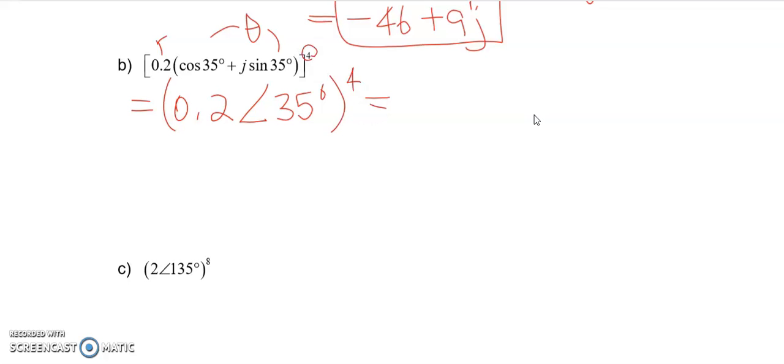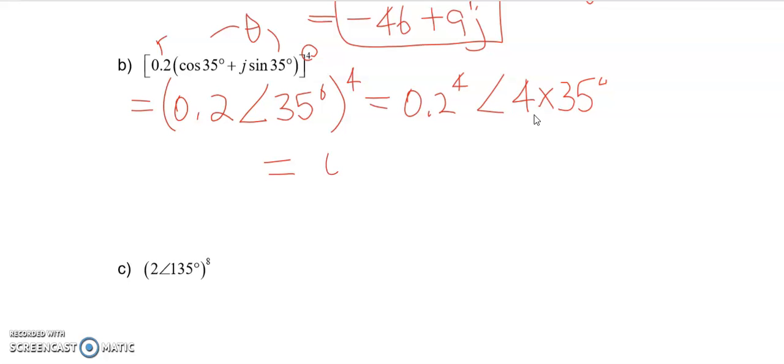Okay, so using de Moivre's theorem, the R actually does get raised to that power. Angle symbol 4 multiplied by 35 degrees. And so voila. And again, you can leave the answer in polar form because the original question's in polar form.